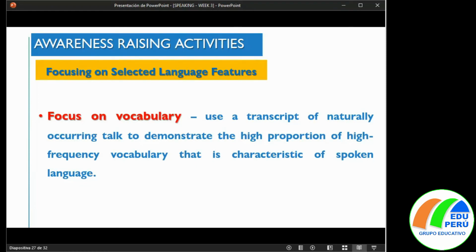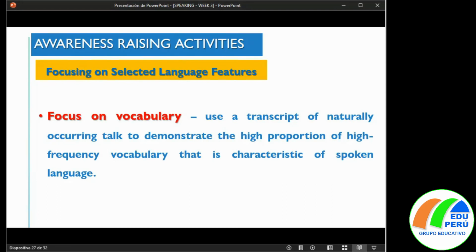In this naturally occurring talk, we have some high frequency vocabulary that is very important when we speak. When we speak, we generally use high frequency words.